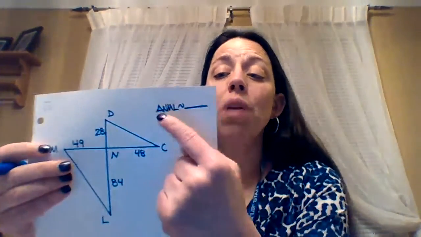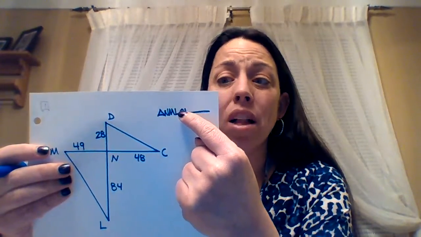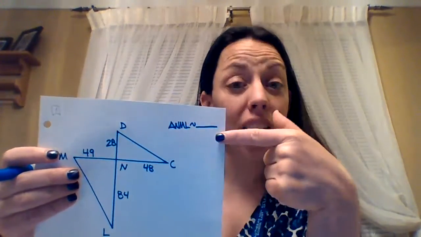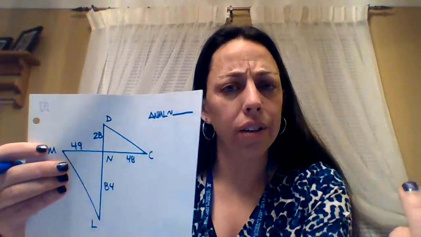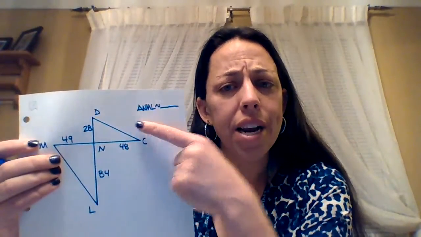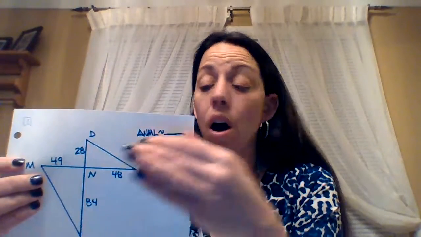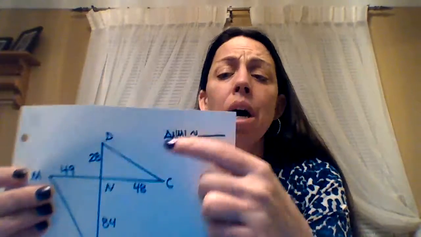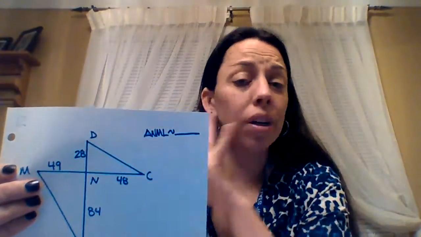If you decide that the 2 triangles are not similar, do not fill in like triangle NML is similar to triangle. That's telling me that you think there are 2 triangles that are similar, but then underneath that you say not similar. If you decide the 2 are not similar, all you do, if this is problem number 1, so I remember my examples, all you have to do is for number 1, write not similar, and go on.